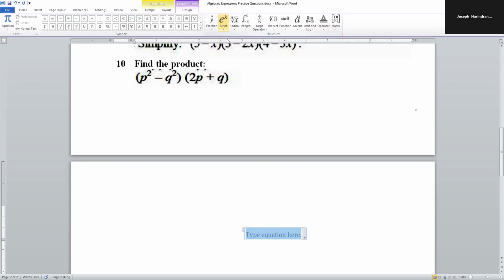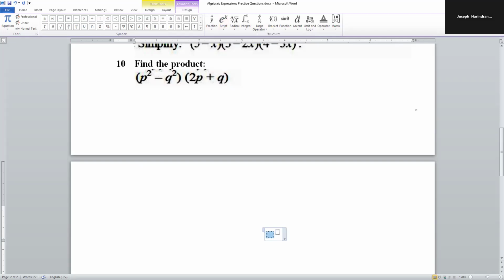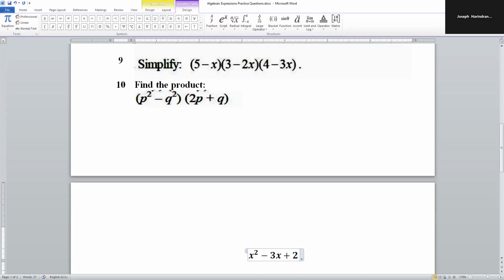Let us do it by multiplication, multiplying x squared first. We have three terms in the trinomial, x squared minus 3x plus 2. So the x squared term will multiply first: x squared into 5x minus 2.